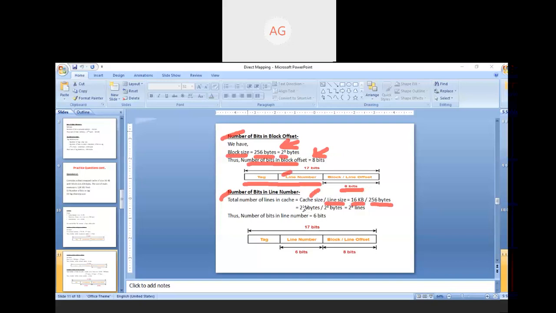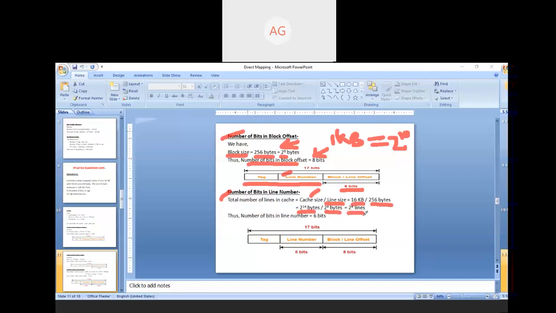Replacing KB with 2 to the power 10, and 16 is 2 to the power 4, so 2 to the power 14 bytes divided by 2 to the power 8 bytes gives 2 to the power 6.